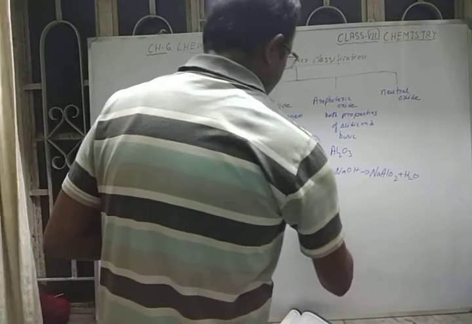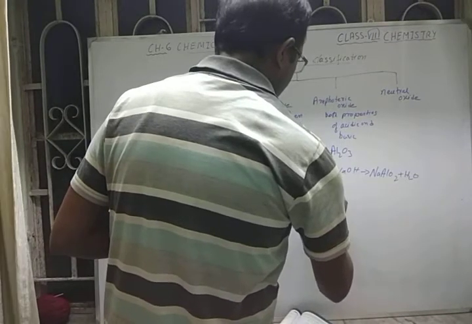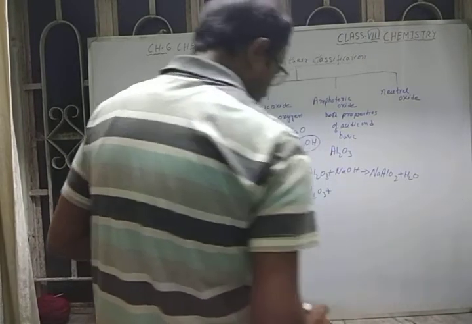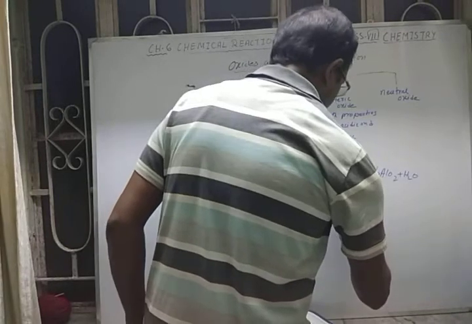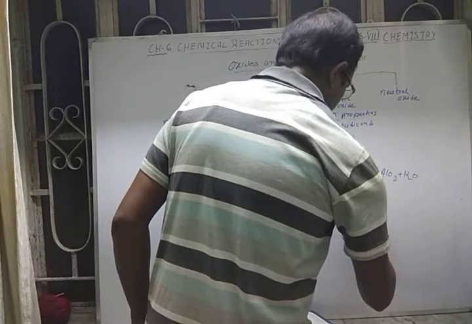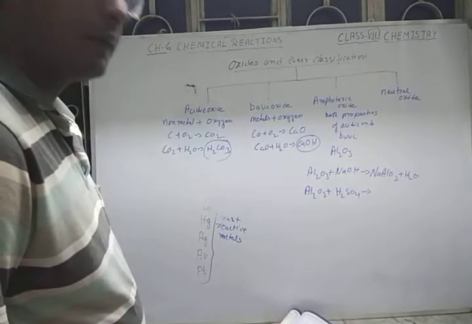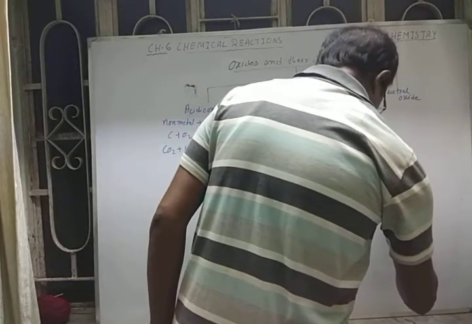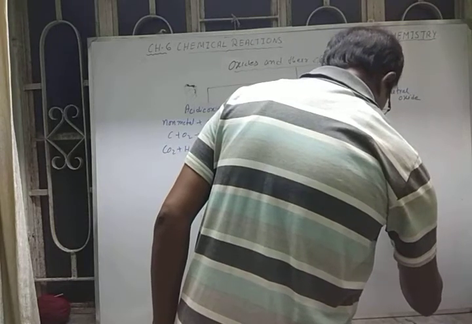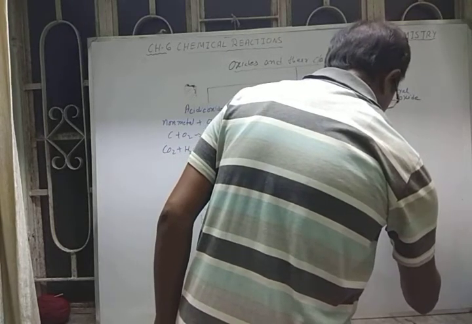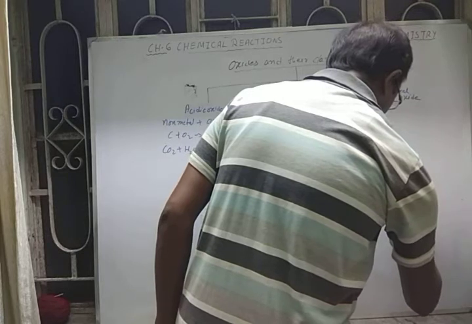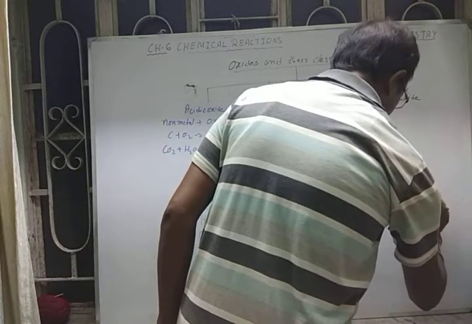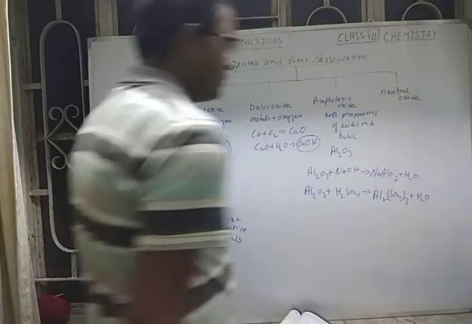Again, if you take the reaction of Al2O3 with an acid, suppose H2SO4, what will you get? You will get aluminium sulfate, Al2(SO4)3, plus water.